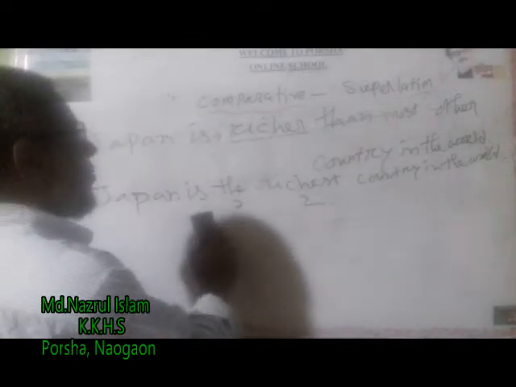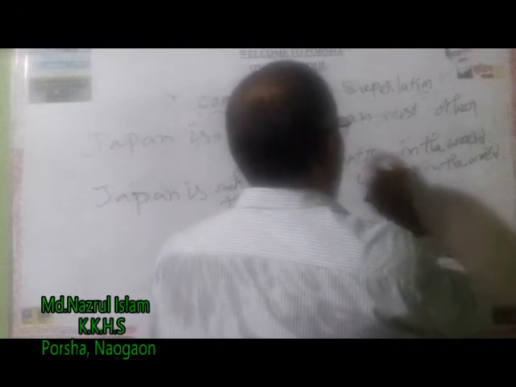Only you have to write one of the in lieu of the here. We have written only the after verb. But if the comparative form is then most other, then here we have to write one of the. And for this case, when there is the most other, country will be superlative plural form.